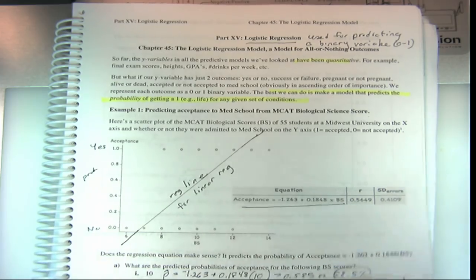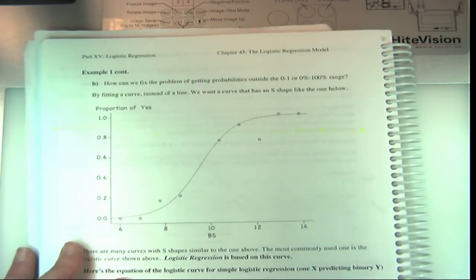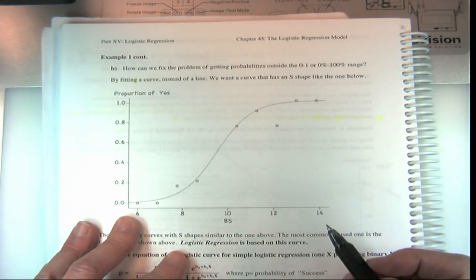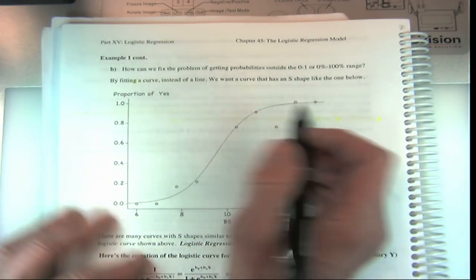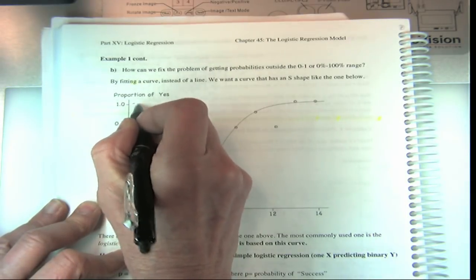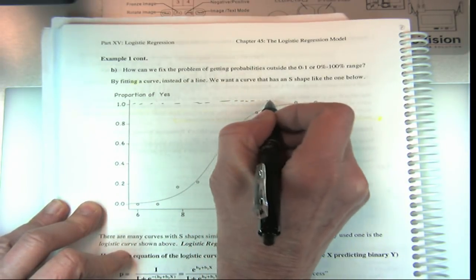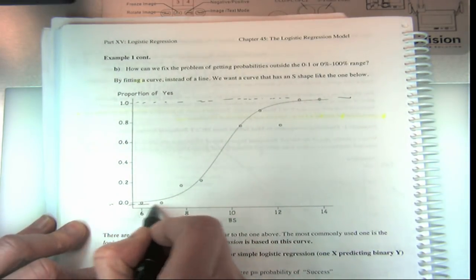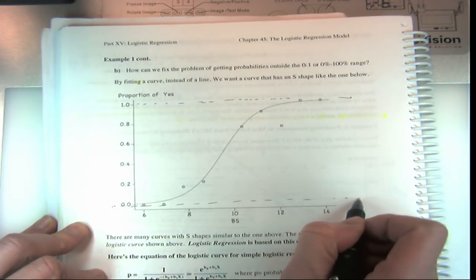Well, let's turn the page. What we really want to do is fit a curve that's bounded, that doesn't go beyond 1 or 0. So it's bounded between 0 and 1.